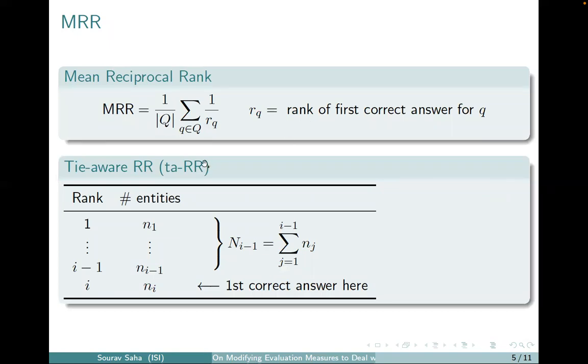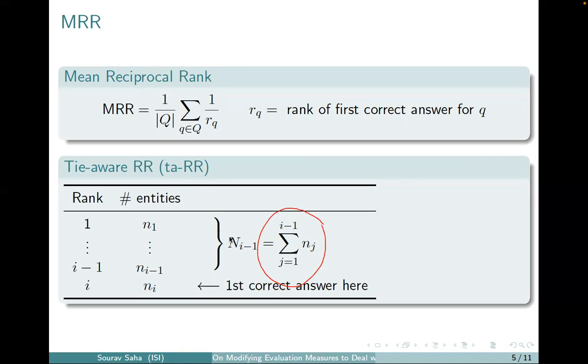Now the tie-aware reciprocal rank looks something like this. In the first rank you have N1 entities, the second one you have N2 entities, and up to the (i-1)th position you have N_{i-1} entities, where capital N_{i-1} is the sum over j running from 1 to i-1 of n_j.